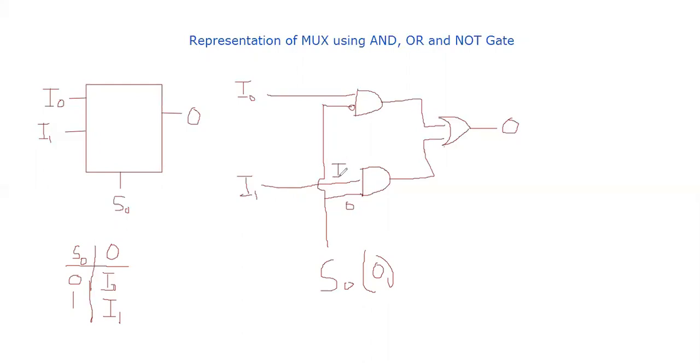In case of AND, we know that X and 0 is equal to 0, and X and 1 is equal to X. So if I pass 0, this thing will be 0, irrespective of the value of I1. Now since this is 0, here we will get a 1, and whatever is the value of I naught, we will get the same value here.